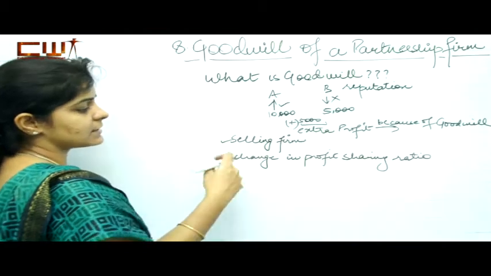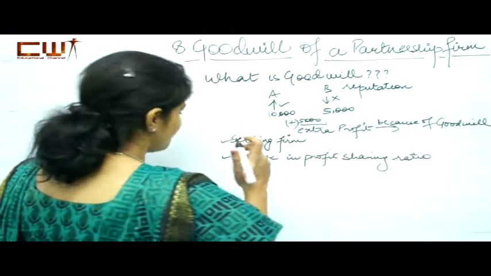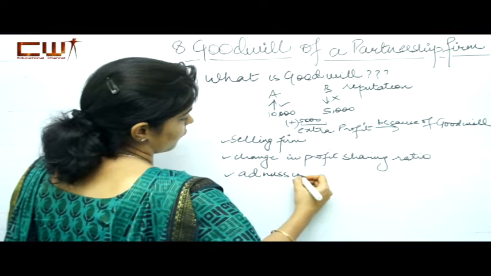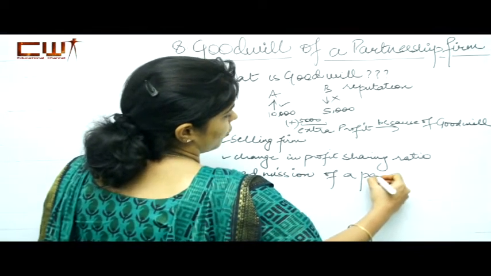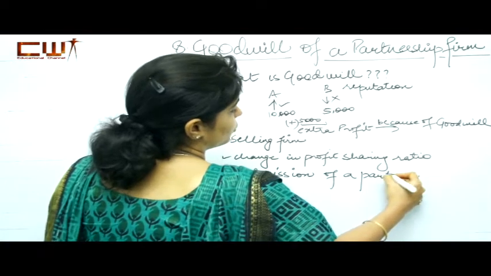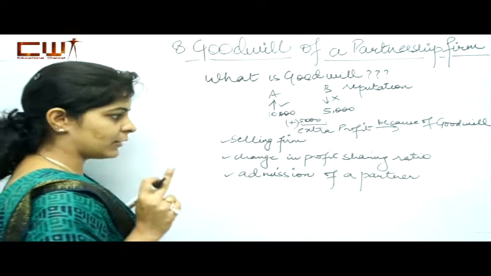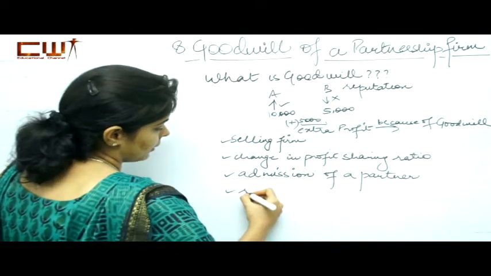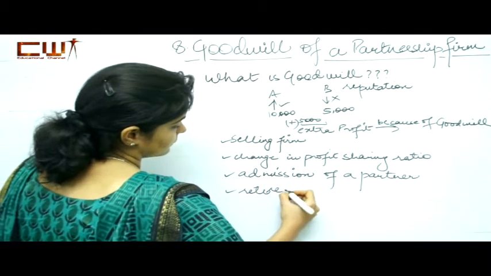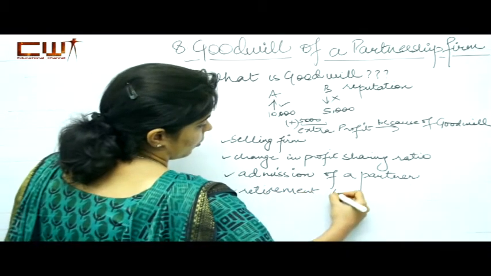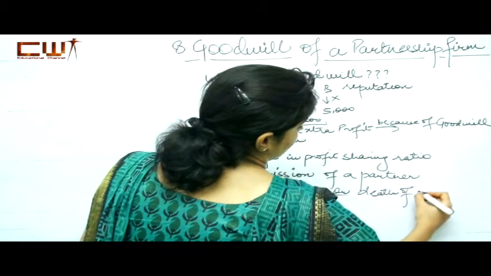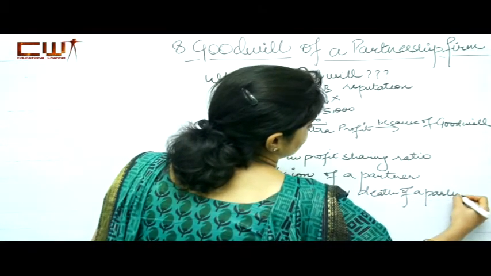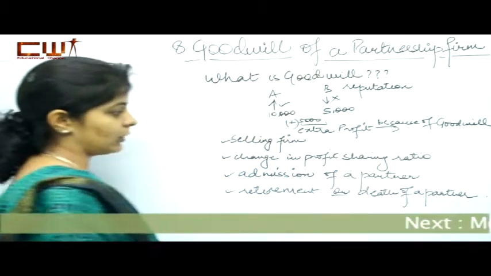When there is a change in the profit sharing ratio, you need to calculate goodwill. If there is admission of a new partner, you are required to calculate goodwill. Then retirement or death of a partner, you need to calculate goodwill.